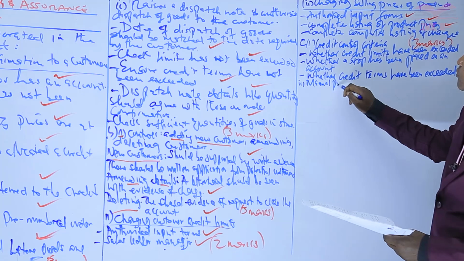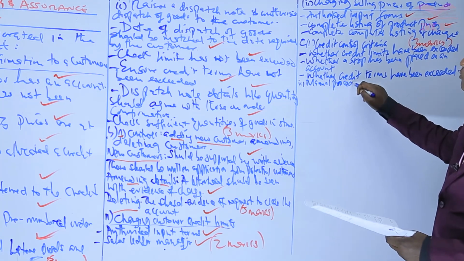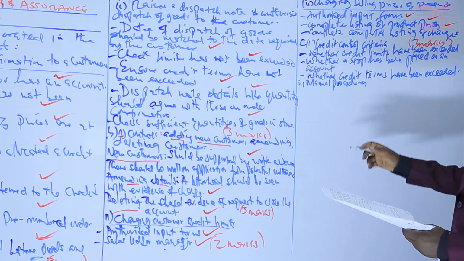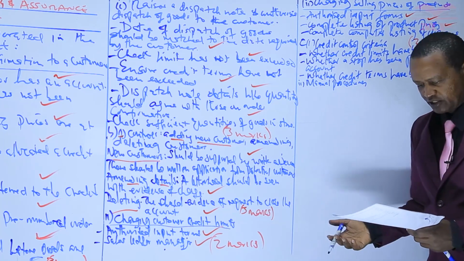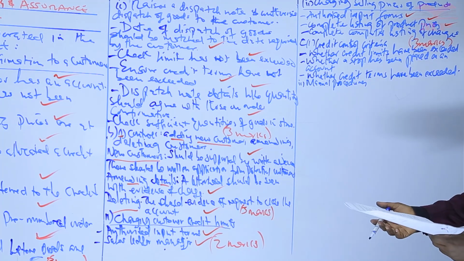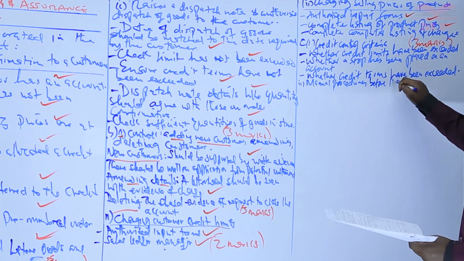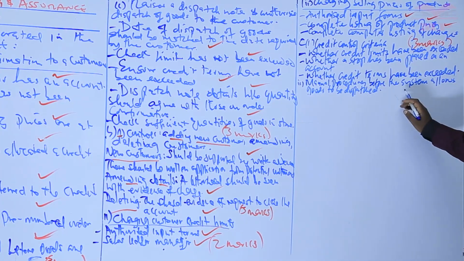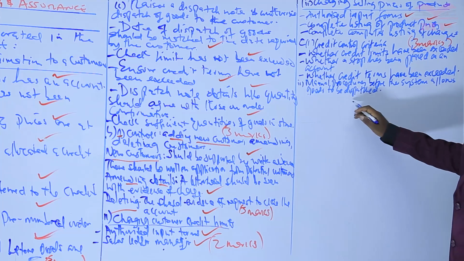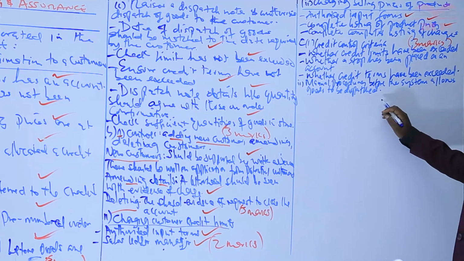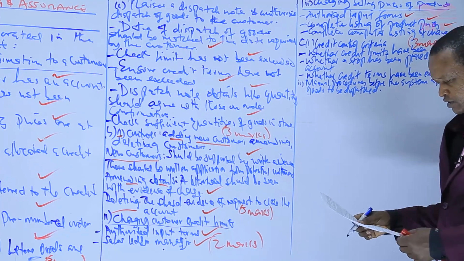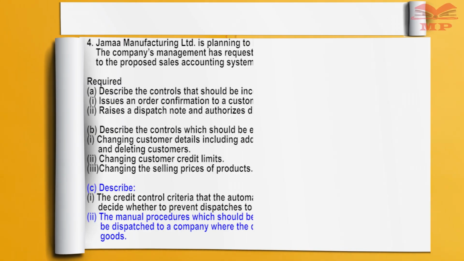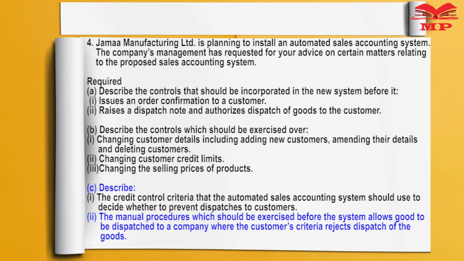We are to describe the manual procedures which should be exercised before the system allows goods to be dispatched.